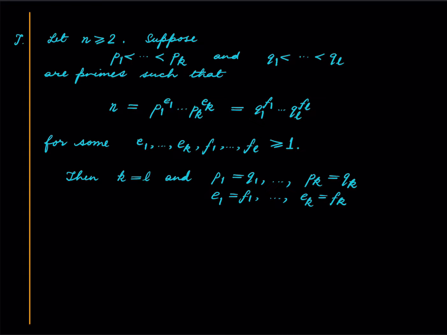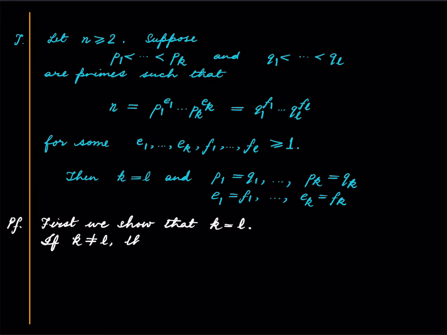So we need to prove it. And first, I will prove that K equals L. So first we'll show that K equals L. So assume on the contrary, so rather than that, let me say if K is not equal to L, then we may assume without loss of generality that L is exceeding K. Because you could say, well, of course, K could also exceed L, but that's exactly the symmetric situation.